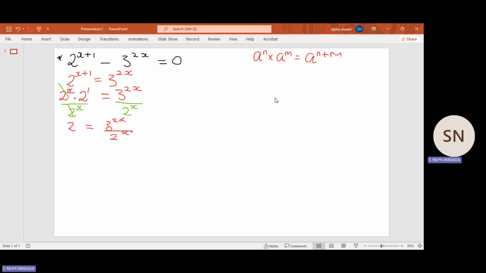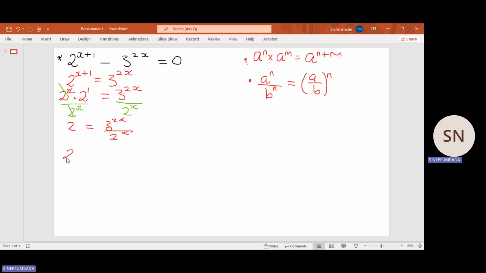From our laws of exponents again, if we have a to the power of n divided by b to the power of n, we can make them share the same exponent.